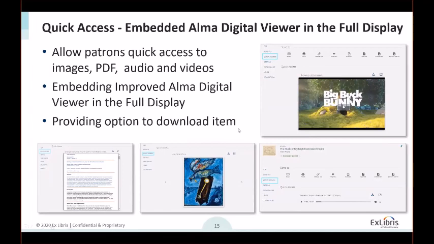In this example, you can see that within the full display of the record, we have the video, the audio, an image, and the PDF, and there is an option to download the item or go to the viewer itself. So this is a nice feature that we could do as part of the platform.